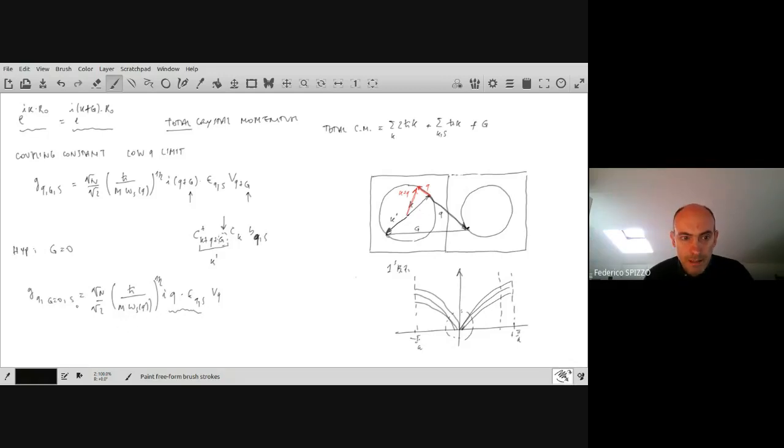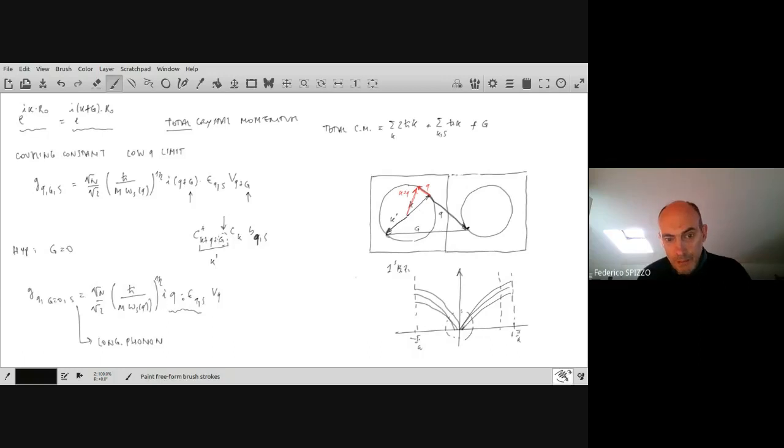So the leading contribution in this coefficient will just come from the longitudinal phonon, among the three possible polarization states that we have in the system.